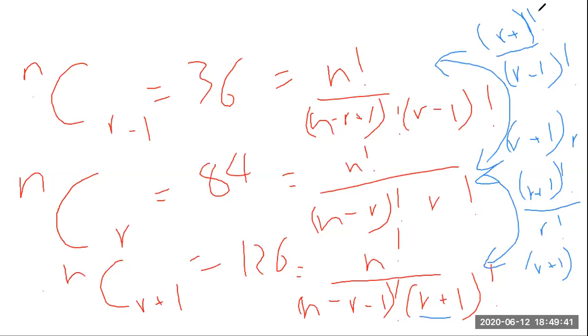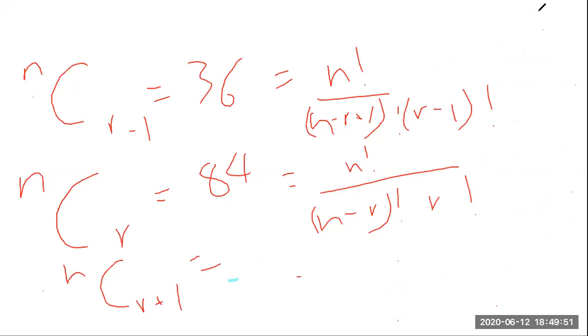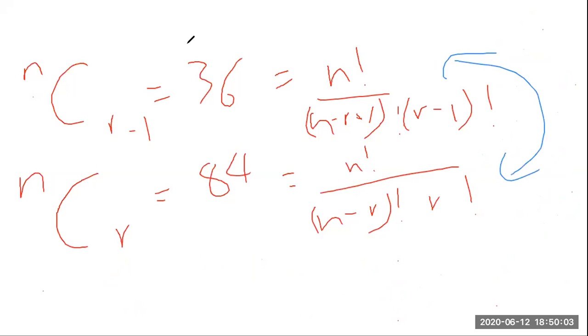So I'm going to remove the second. I mean, not the second, that's the most important one. The third equation for now, because we are working on just the first two. We can divide both these equations by each other.